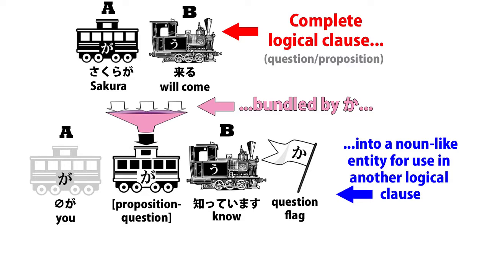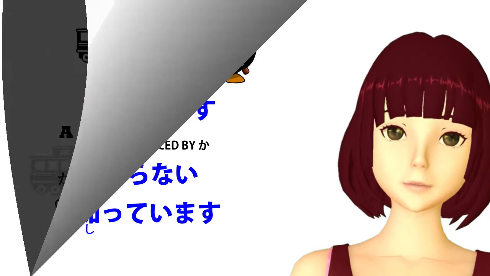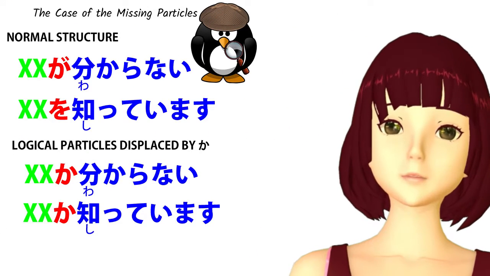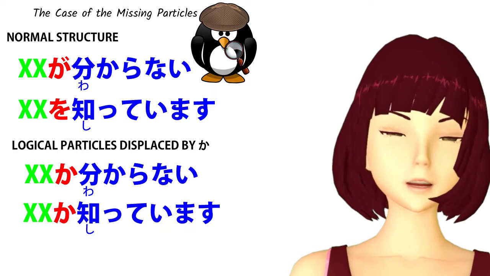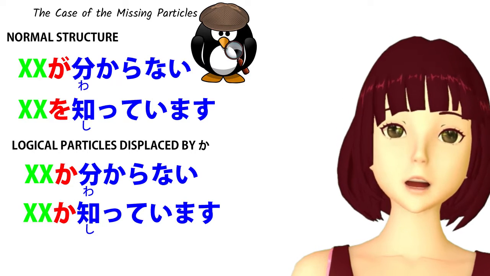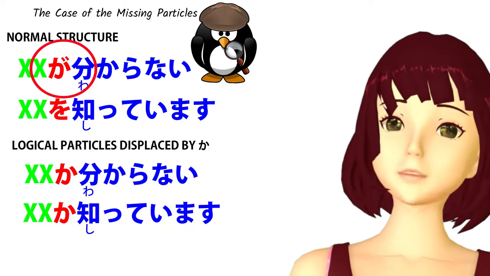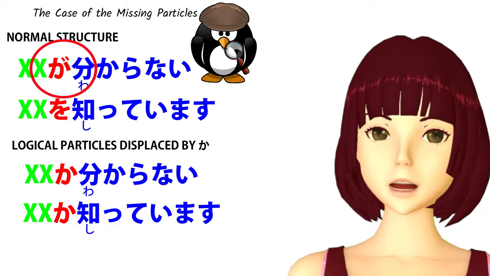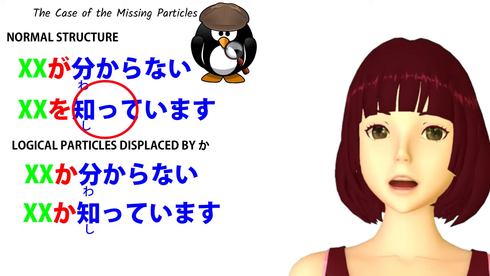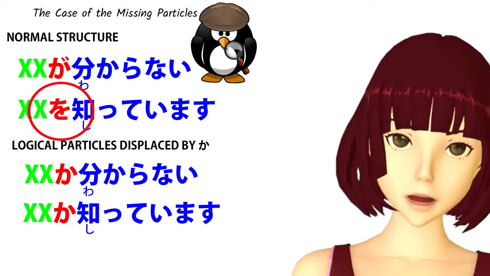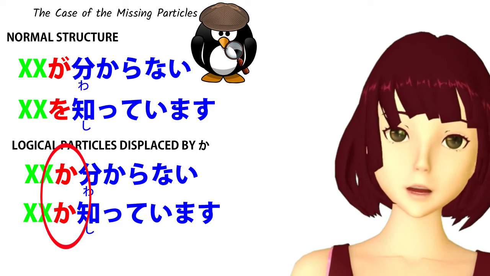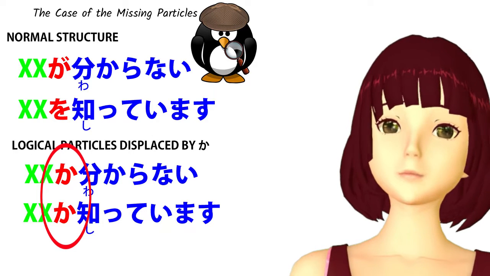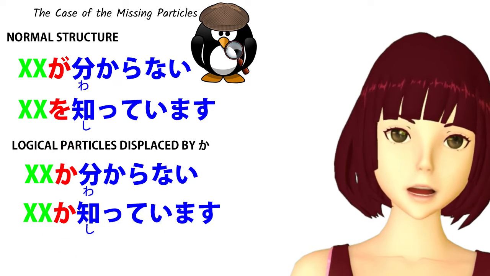And the second thing we need to notice is that ka displaces logical particles most of the time. So, normally when we say wakaranai, we say nani nani ga wakaranai. If we say shitteru, we say nani nani wo shitteru. But in this case, the ka particle displaces the normal logical particle.